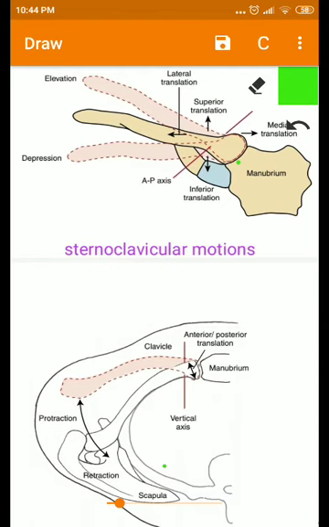That is the segment which is distal to the axis, that part will move. Based upon that, the movements are described osteokinematically.